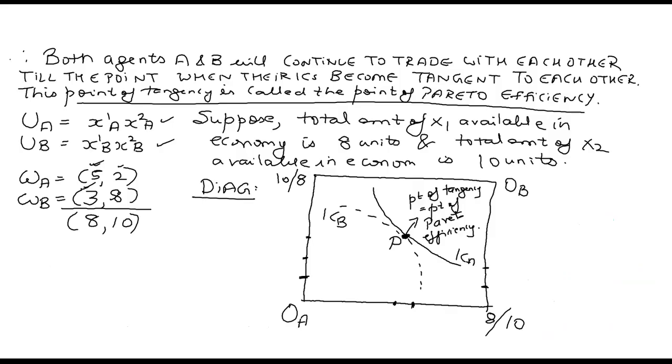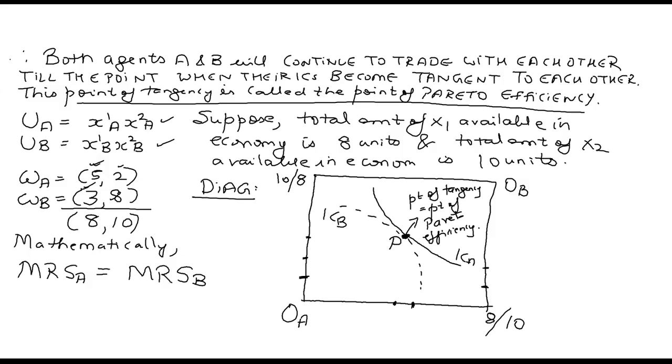Mathematically, when I say that two ICs are tangent to each other, the slope of agent A's IC, which we call MRSA, should exactly be equal to the slope of agent B's IC, which we call MRSB. All of you know how to find MRSA.